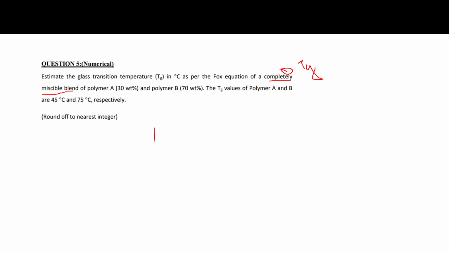In earlier classes we also got the equation: the Tg of the blend, 1 over Tg of the blend, equals the weight fraction of polymer A divided by its Tg, Tg of A, plus the weight fraction of B divided by its Tg, Tg of B.